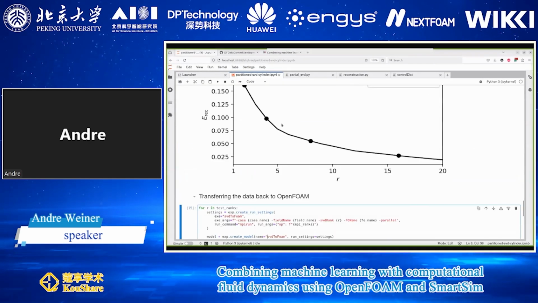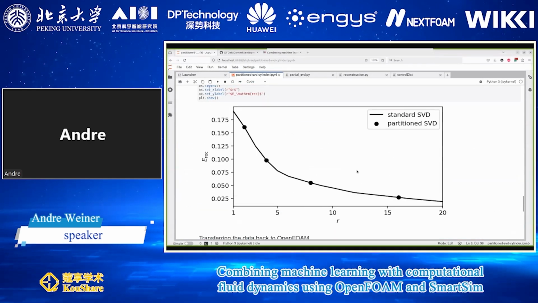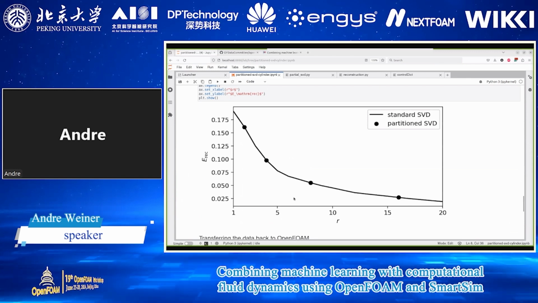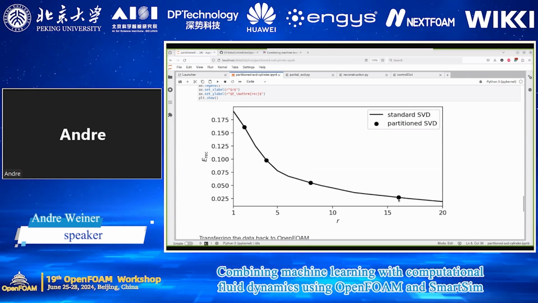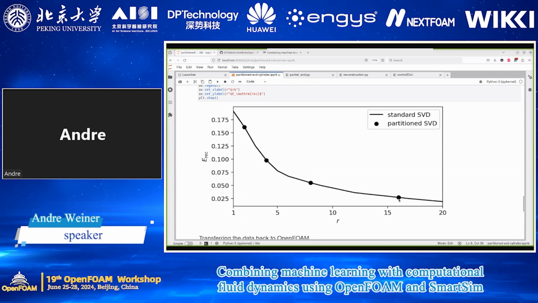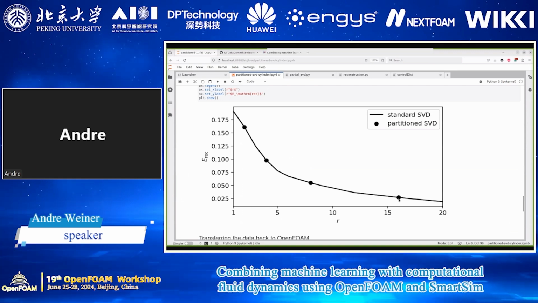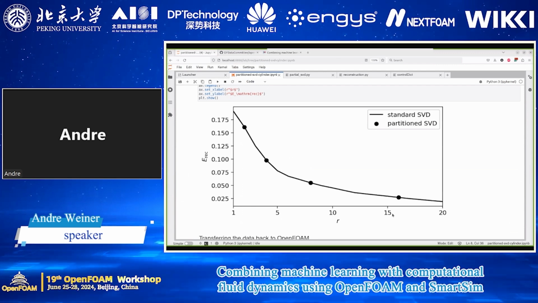And in the notebook, you also find the actual reconstruction error that shows you by taking 15 of those modes, you are well below 5% reconstruction error of the entire sequence of snapshots.